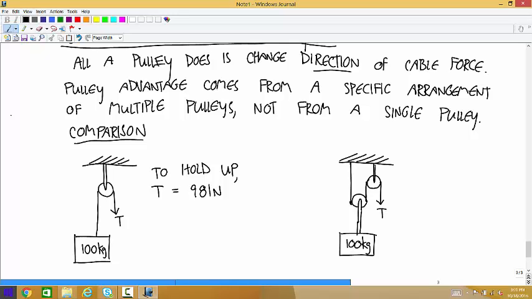Can you picture what's going on there? Any questions about that? Now, how much cable tension do you need to hold this weight up? This is surprising, cool. T is equal to 490.5.